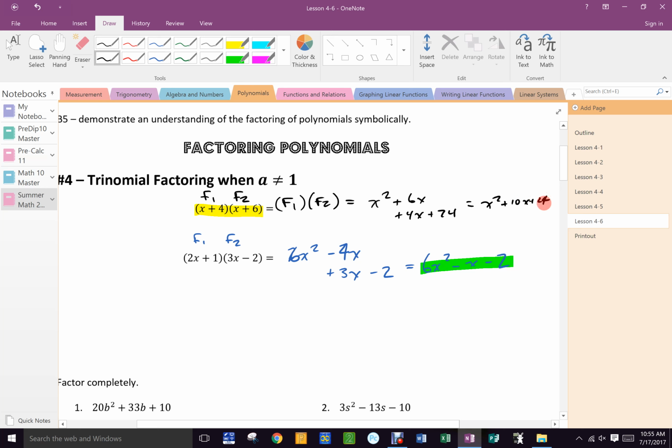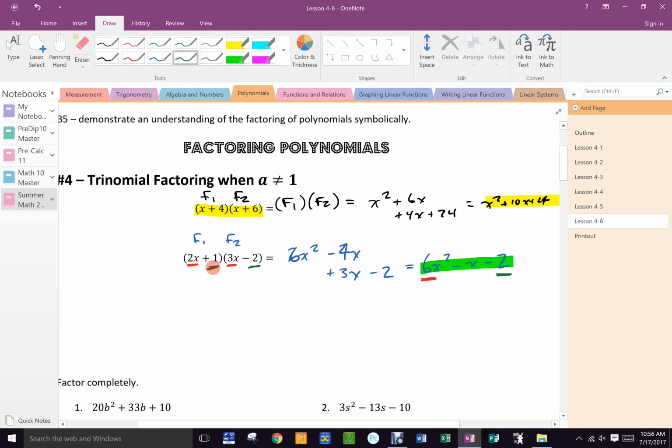Now, the reason I doubly expanded these instead of just using a shortcut or doing it in my head is because I need to make a point. You need to notice something about that 6, that 2, and that 3. And then you need to notice something about that 2, and that 2, and that 1.